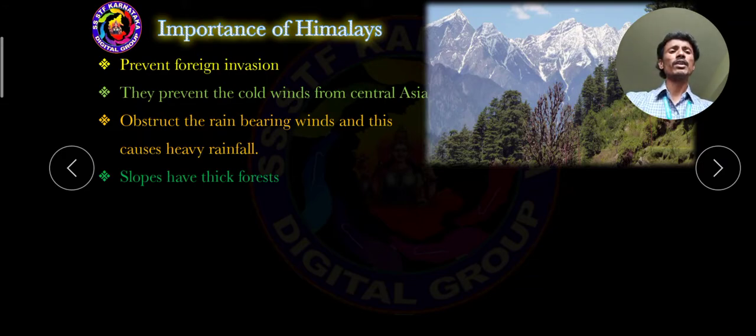Slopes have thick forest. So these are the slopes, dear students, where we find thick forest. Forests are very useful for growing the Himalayas, and for making important woodwork, etc., receiving rain and stopping the clouds. These are also very important.